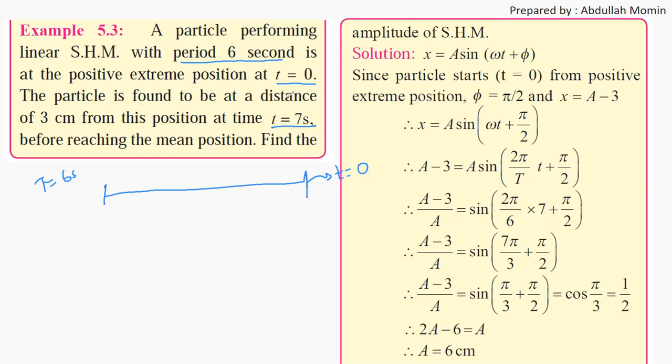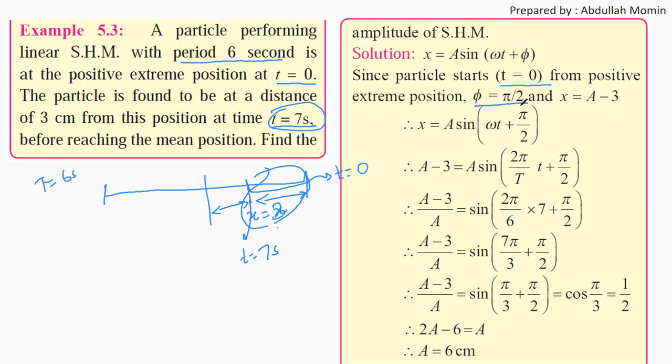The particle is found to be at a distance from this position. From the extreme position, how far is it found? This distance is 3 centimeter, at time t, and to reach here it took 7 seconds, before reaching the mean position. Find the amplitude. We have to calculate, since the particle starts at t = 0 from the positive extreme position.